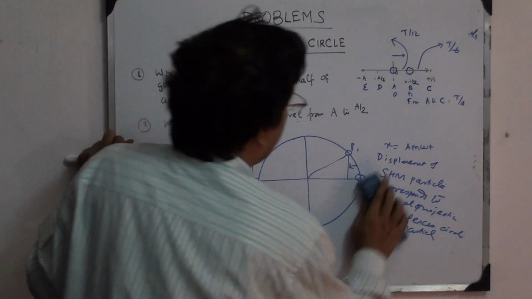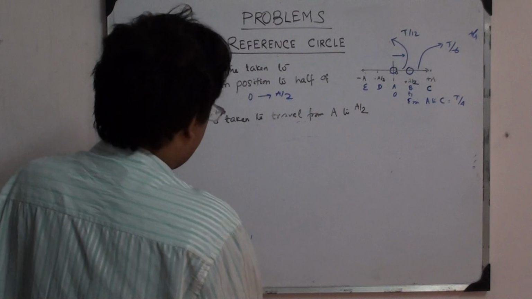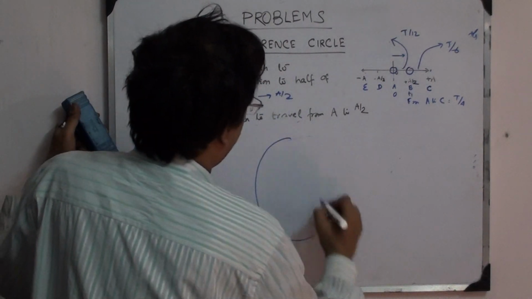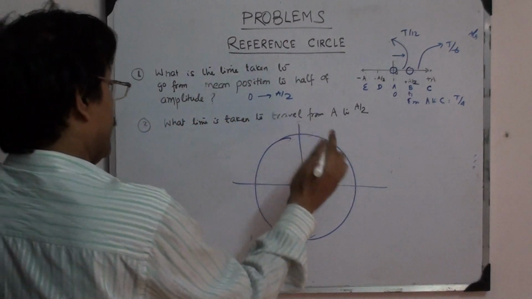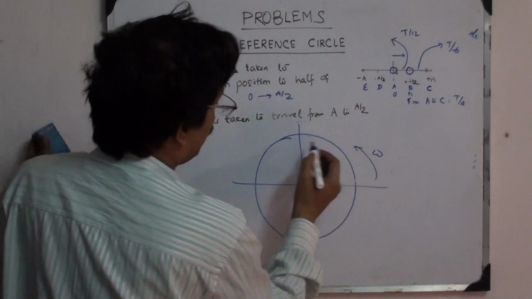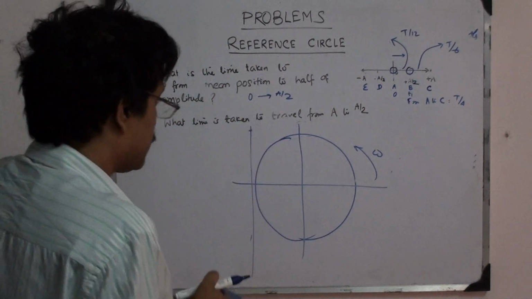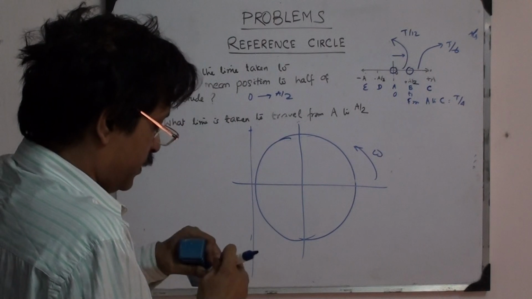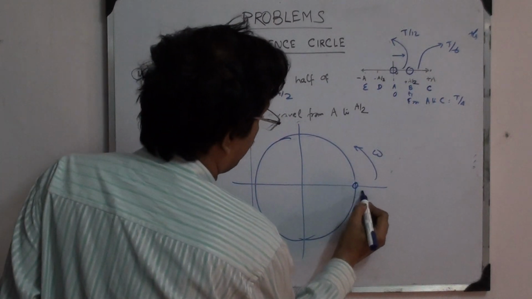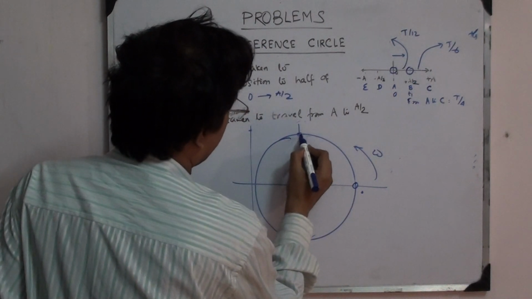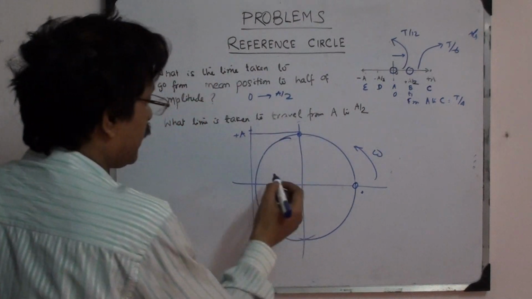Now, what is this question? A to A by 2. So where is the body? The SHM body reaches the extreme position at amplitude A. See, here it starts from 0, here it reaches. So here is the position A. It will come to A by 2.